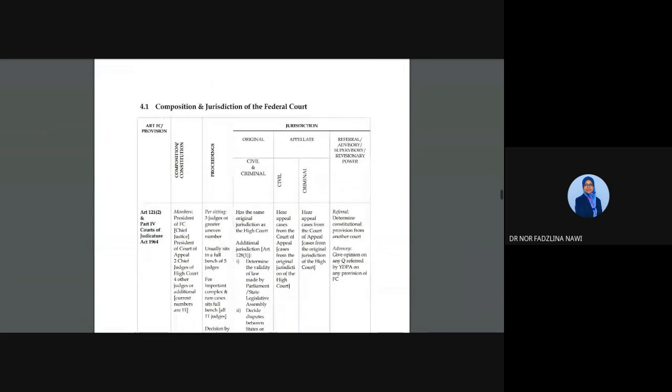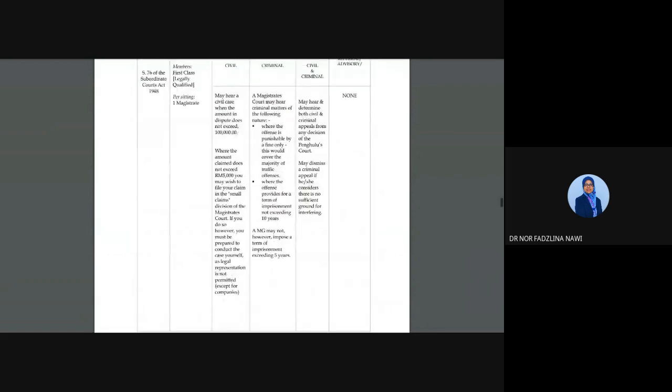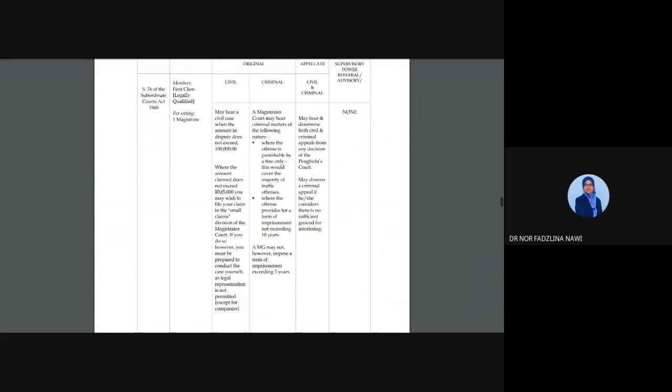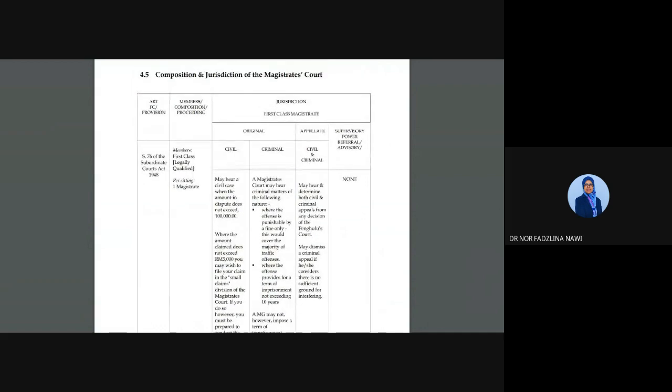Let's have a look at the composition and jurisdiction of the courts in Malaysia. Let's start with the Magistrate Court first. We categorize the Magistrate Court into two categories: the first class Magistrate Court and the second class Magistrate Court. What is the difference between them? Usually it is in terms of the magistrate sitting in it.